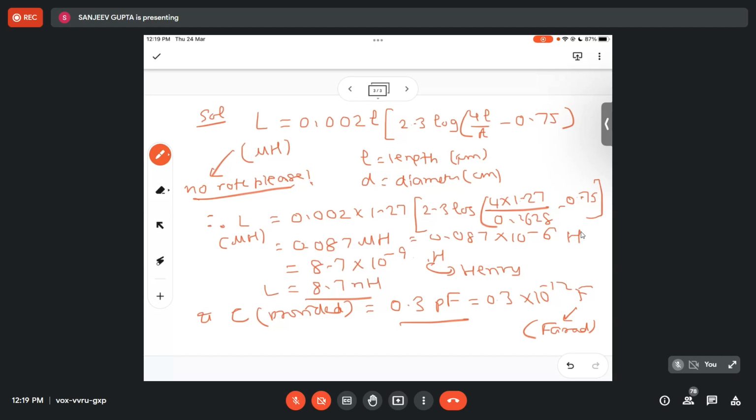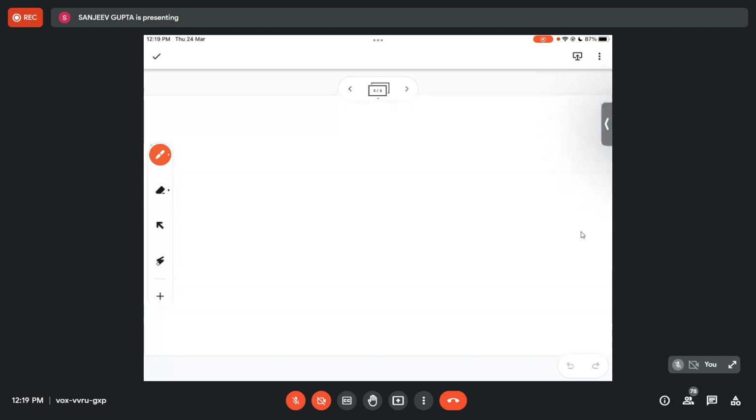Before we do that, this L will present an equivalent reactance, and this equivalent reactance is the inductive reactance, because L always presents inductive reactance.